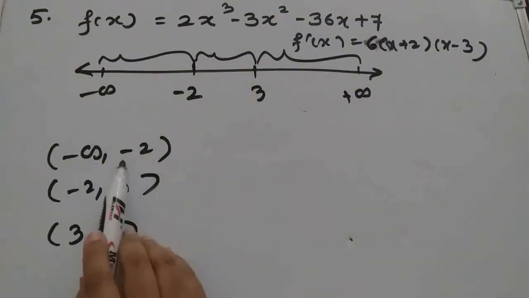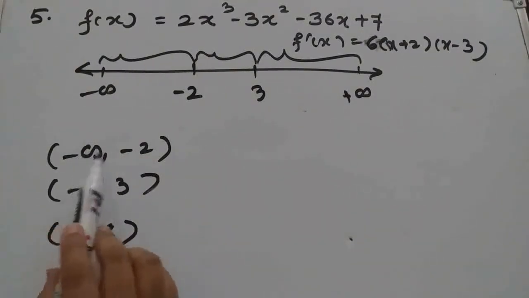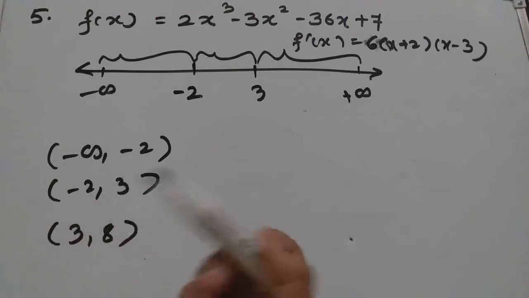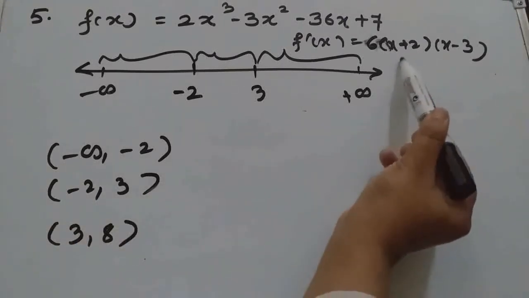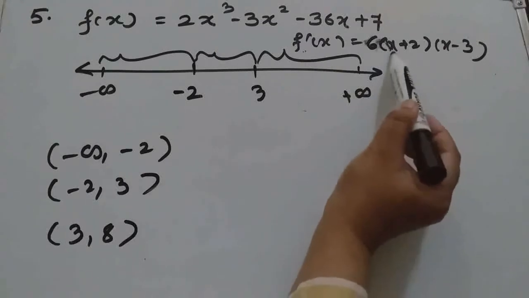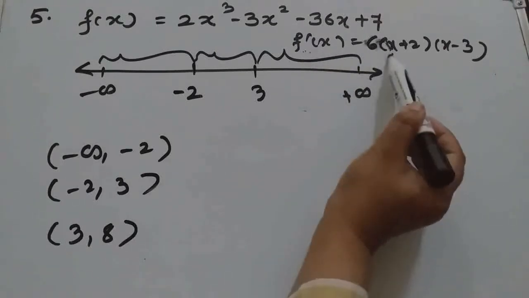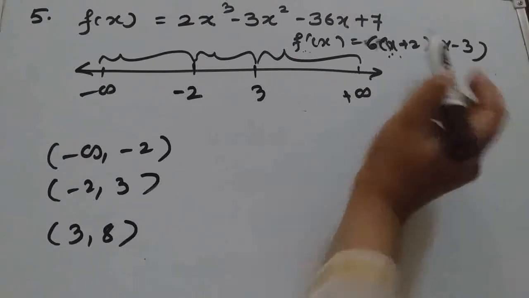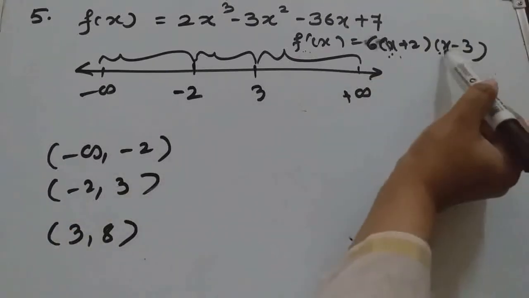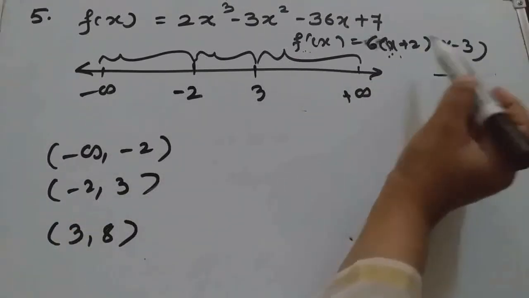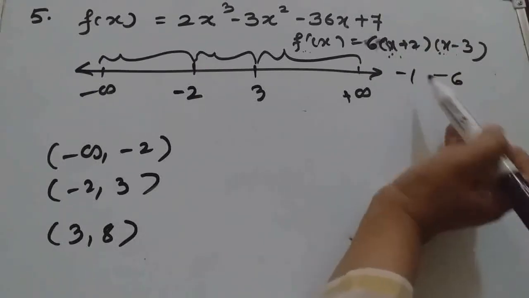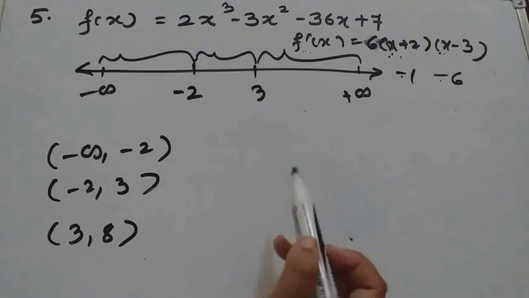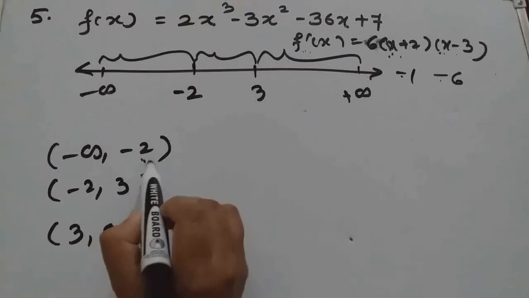So between minus infinity and minus 2, if you select any value and substitute it in this expression, what will you get? Suppose minus 3, if you substitute here, we get minus 6, and minus 3 plus 2 means minus 1, so minus into minus gives plus.